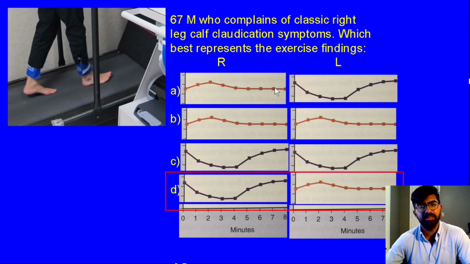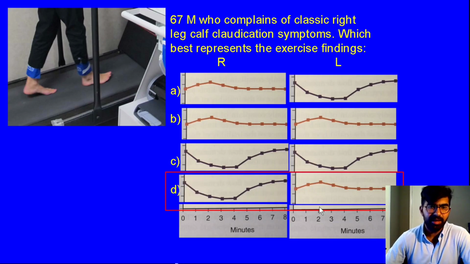In someone that has a flow restrictive lesion, you'll have to remember that the brachial pressure will increase, but the ankle pressure will not. So the numerator will either decrease or stay the same, usually decreases, and the brachial pressure will go up. And what will that do to that ratio? It'll drop it down. And then with rest, you will get recovery. So this would be the ideal answer.